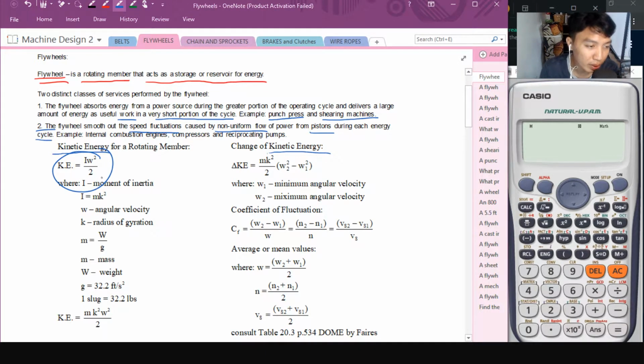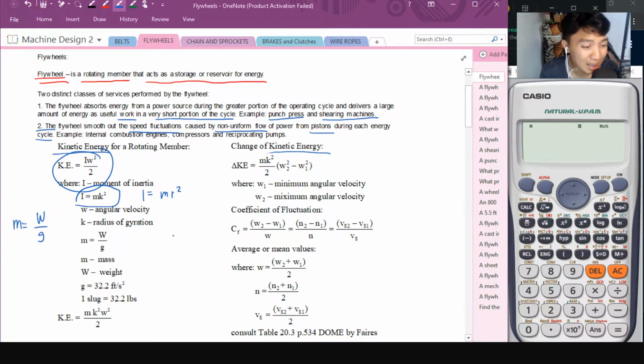And yan yung I or inertia is equal to mass multiplied to your k squared, that is the radius of gyration. Okay? So, I is equal to, parang I is equal to mr² din yan. Where m, you can get m by using this one. So, m is equal to weight over gravity.